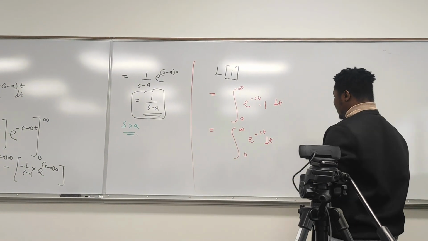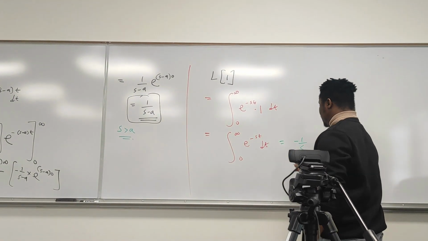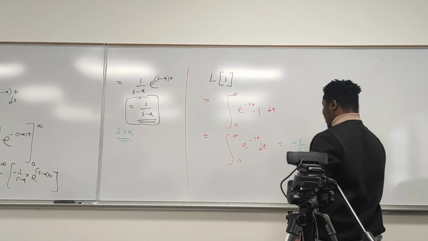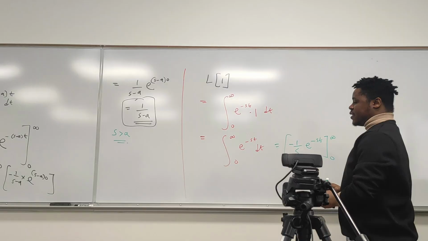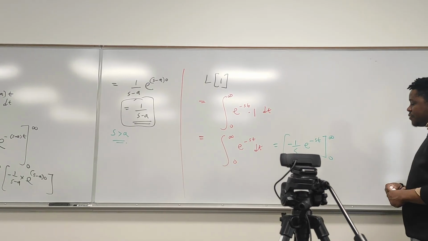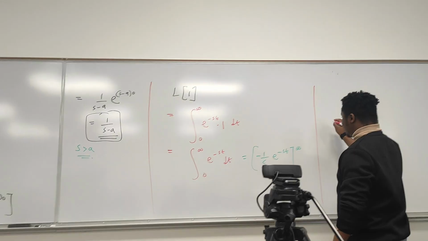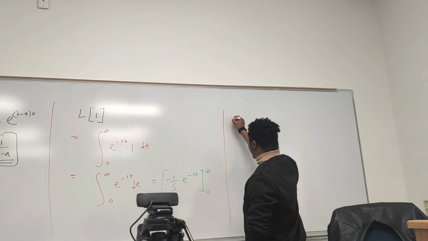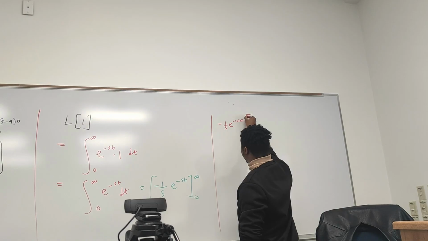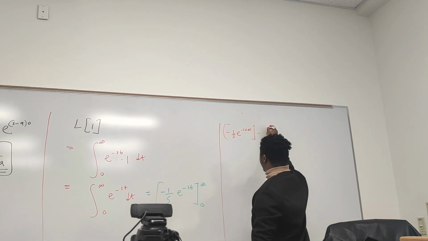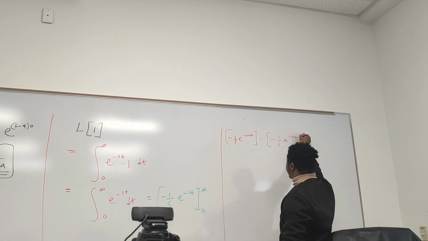If you integrate this, it becomes minus 1 over s times exponential minus st, going from 0 to infinity. This becomes minus 1 over s times exponential minus s times infinity, minus minus 1 over s times exponential minus s times 0.